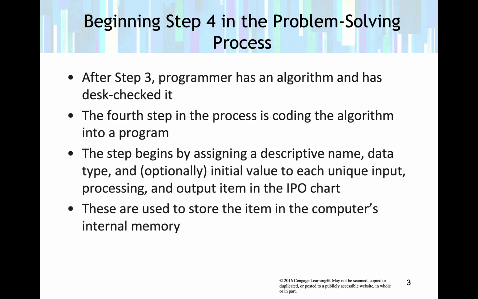So when we start coding, some of the things that we start thinking about: you did an IPO chart, and in your IPO chart, you had these things called inputs and outputs. Your inputs are the things that are going to be entered, and the outputs are what you're going to display or output in some way. Those things are going to be in memory, and anything in memory has to have a variable.